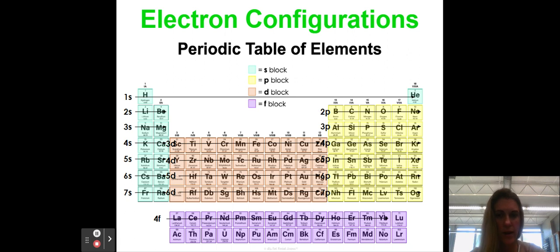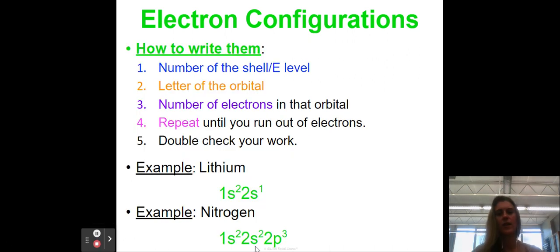So we're now at 2p1, 2, 3. So we would say 1s2, 2s2, 2p3. Okay. And if you were to add up these superscripts, 2 plus 2 plus 3 is 7, you're at atomic number 7, 7 electrons total.